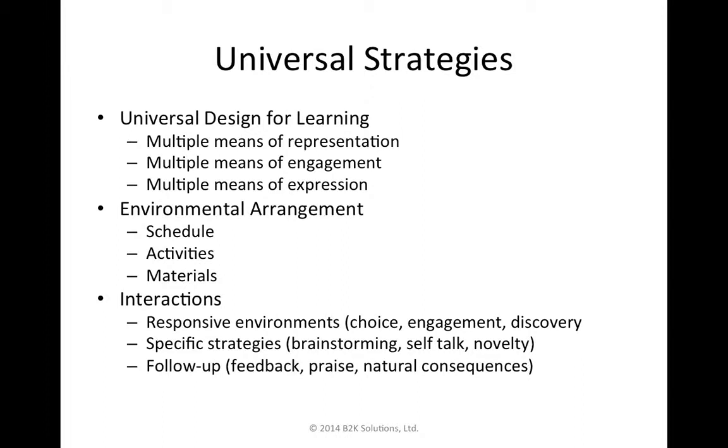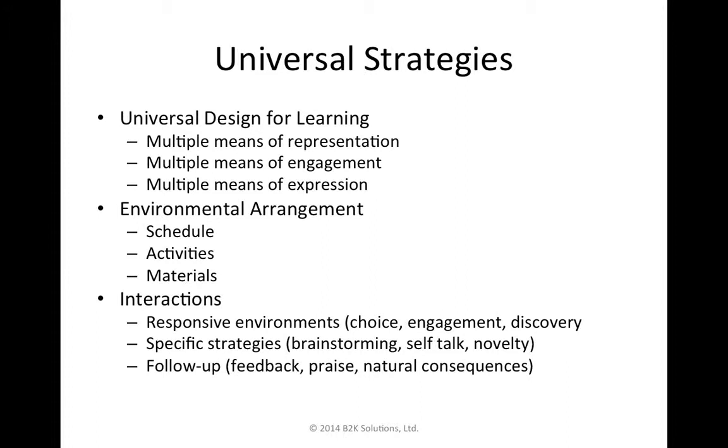Are they engaged? Are they inquiring about things? Are we using some specific strategies that are really pretty open-ended, like brainstorming and self-talk? And do we give some very logical consequences or feedback that let children know that they are doing what we expect, or they are having success as we would anticipate in terms of our descriptive praise and natural consequences?